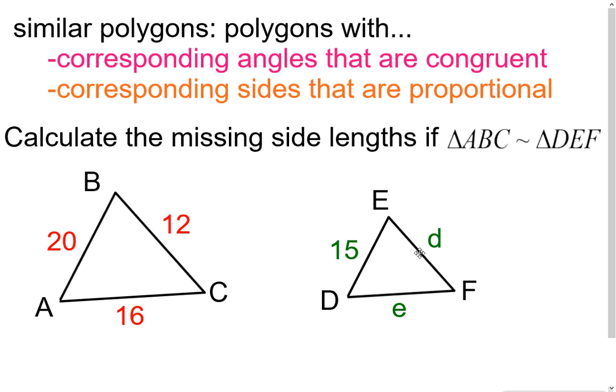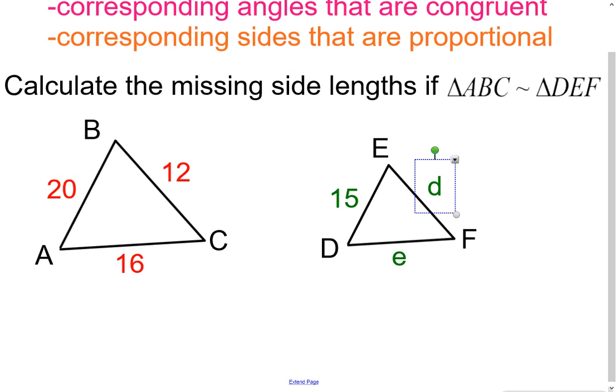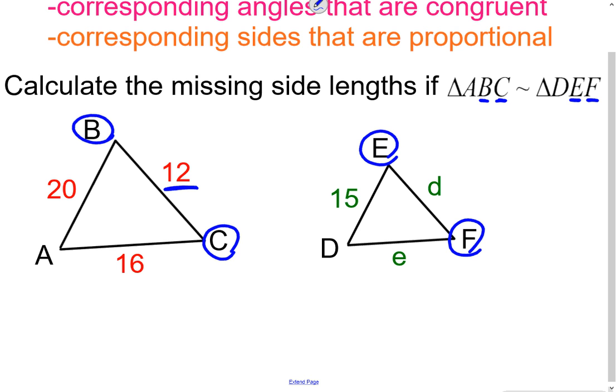Now, since the corresponding sides are proportional and we need to find a missing side, specifically I'm going to find the length of segment EF. So I need to find, call it D. I'm going to look for which side corresponds to D. Well, I notice that this side I'm calling D is in between vertex E and vertex F. So when I come back to my similarity statement, I know E and F are the last two letters, which have to mean that they're going to correspond to B and C. Therefore, my 12 is going to correspond to my D. So that's my first ratio that I'm going to set up.